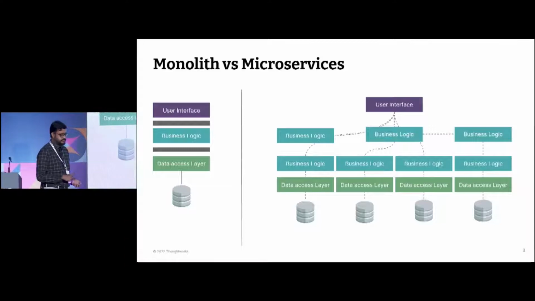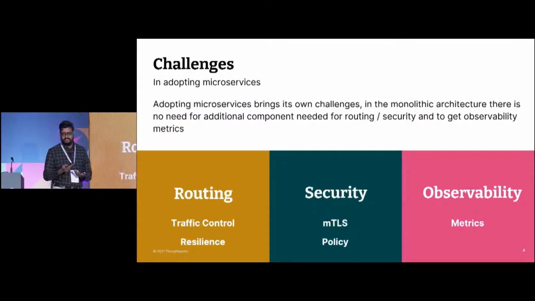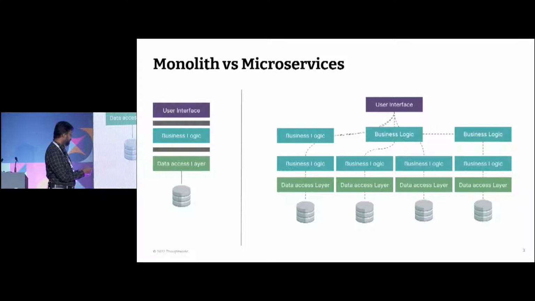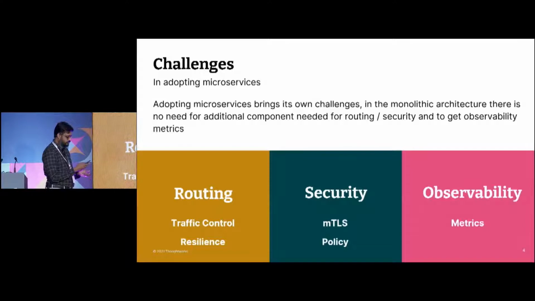With this, there are quite a few challenges which need to be addressed. In the previous one, everything is happening in a single application layer boundary, and you don't have to worry about how much bandwidth, you don't have to worry about all these things. But the moment you implement microservices, you have to consider all these things, right?